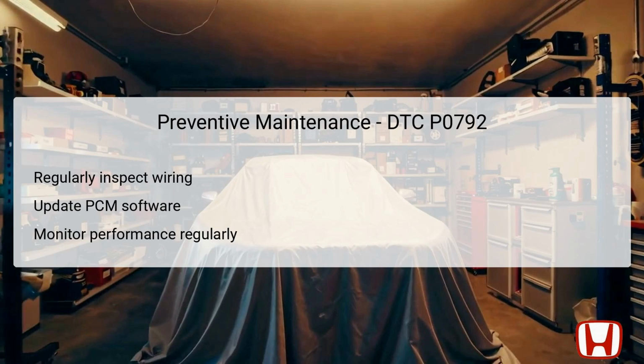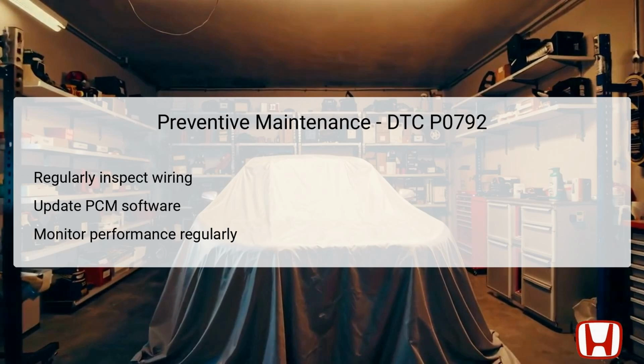Preventive maintenance is essential in avoiding future occurrences of DTC P0792. Regular inspections of wiring associated with the intermediate shaft speed sensor will help identify potential wear, corrosion, or damage early on, preventing more significant issues down the road.